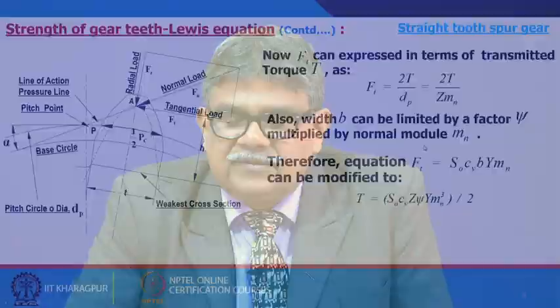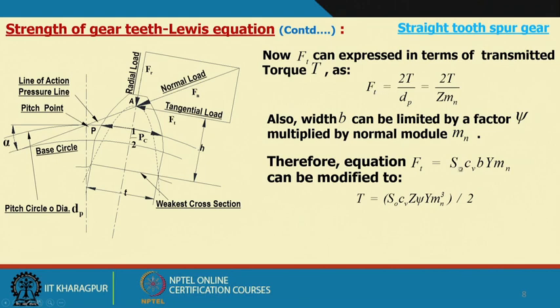Therefore, the earlier equation for F t we can write as S 0 into C V into B, the width, where this B is replaced by psi into m n, in the torque equation as we have put it here.